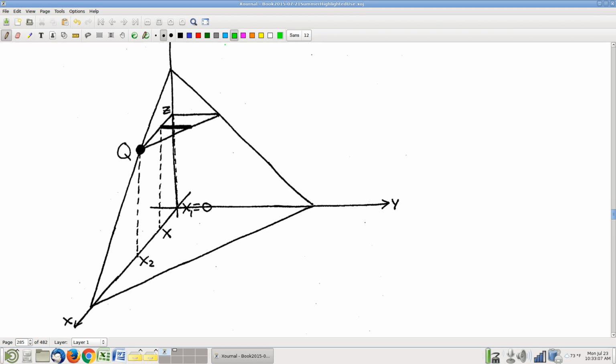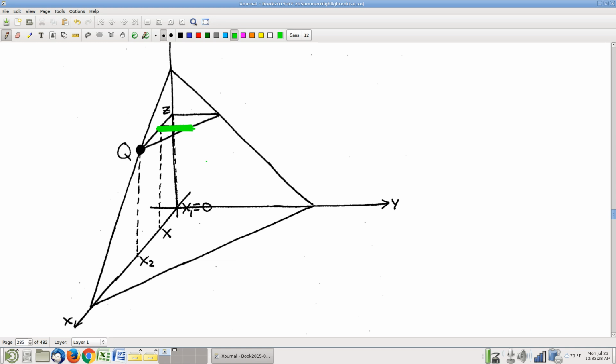There's our z slice, and we've talked about how an x slice of the z slice looks like that. So now we're going to focus our attention on just that green line segment.